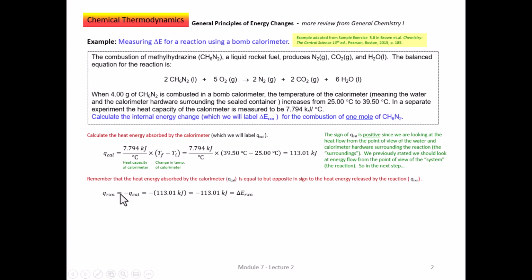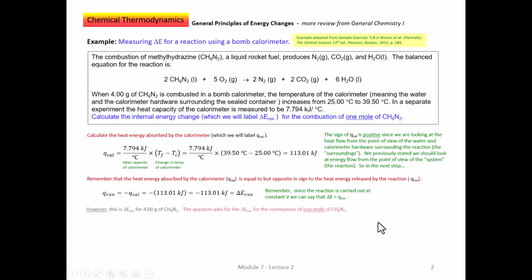So the Q of reaction here, the actual heat flow for the reaction, is minus 113.01 kilojoules. And remember, that's equal to the change in internal energy for the reaction because the reaction is carried out at constant volume, and we can say the change in internal energy equals Q of reaction.